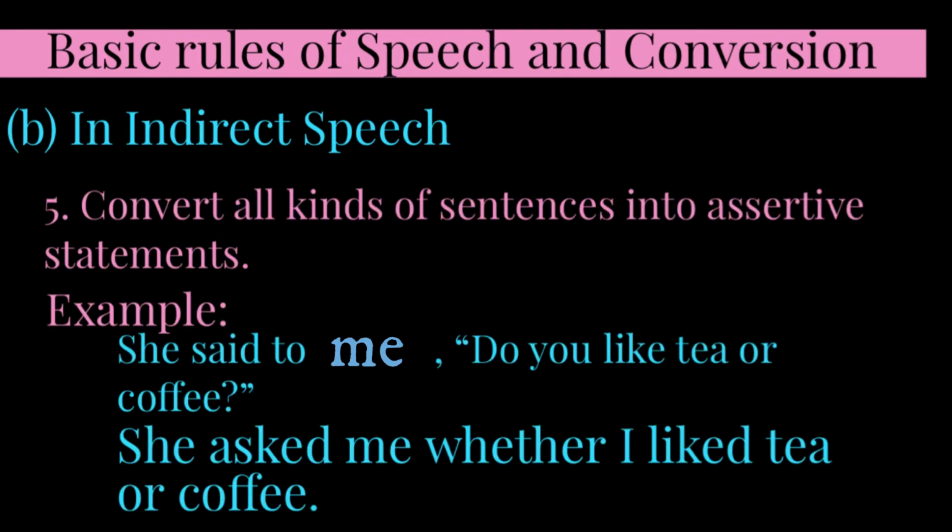We have to convert all kinds of sentences into assertive statements. For example, she said to me, "Do you like tea or coffee?" So this question sentence will also be changed into an assertive sentence. She asked me whether I liked tea or coffee.